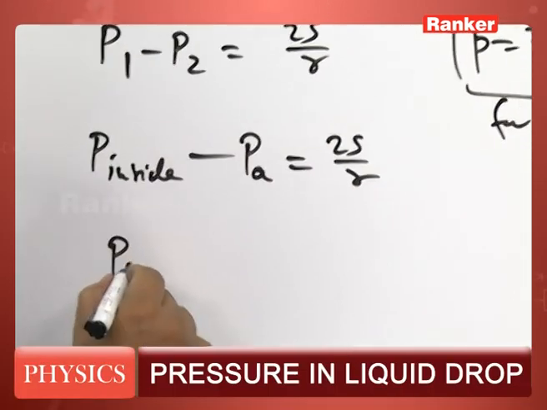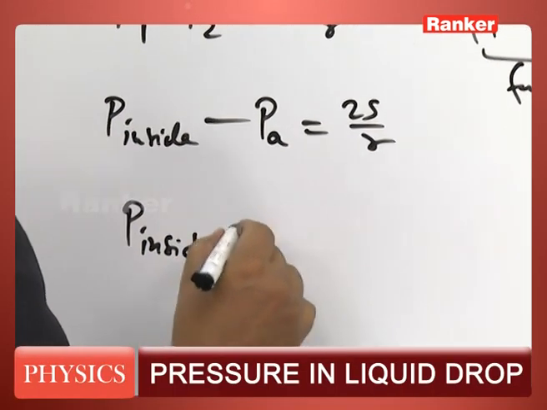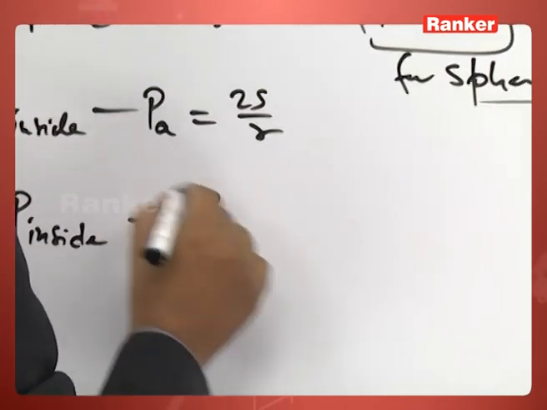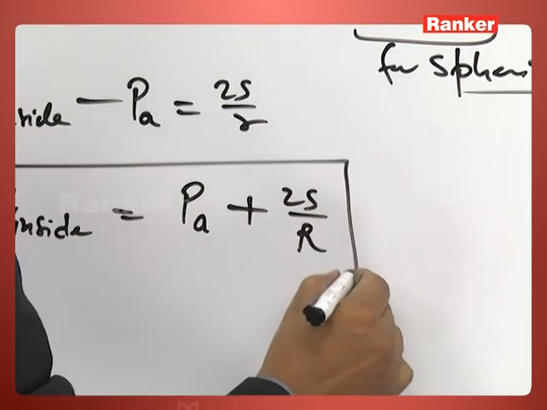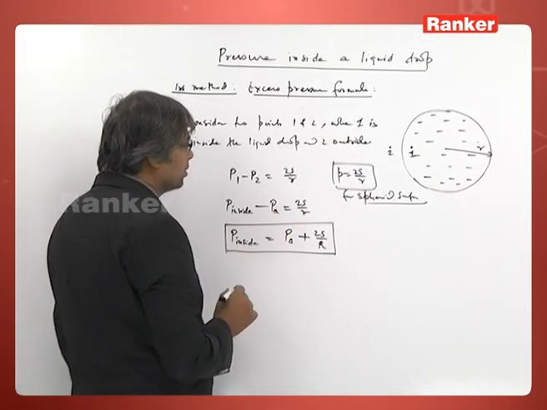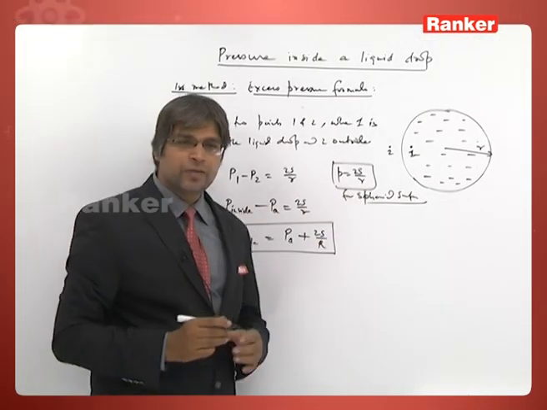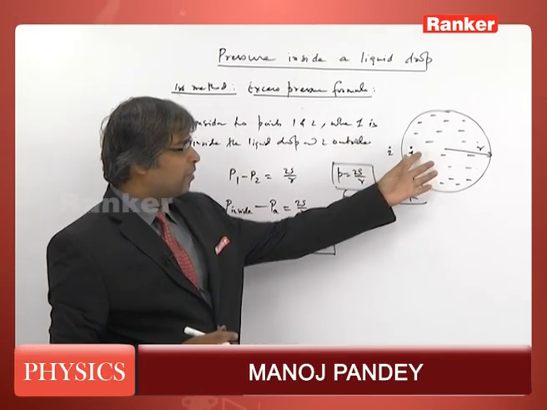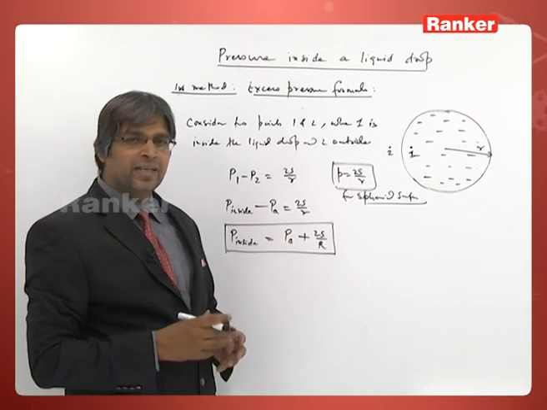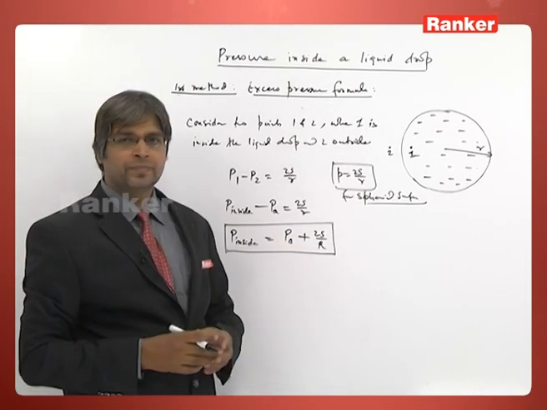So, inside pressure is equal to atmospheric pressure plus 2S by R. Thus the excess pressure formula directly tells us the pressure inside the liquid drop.